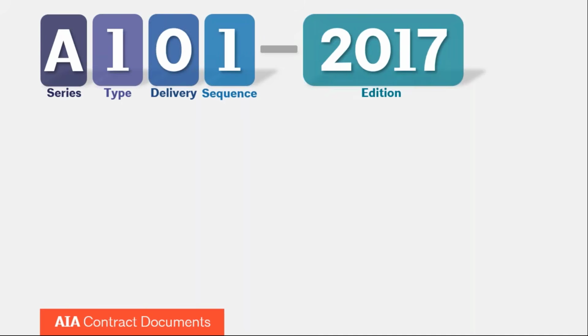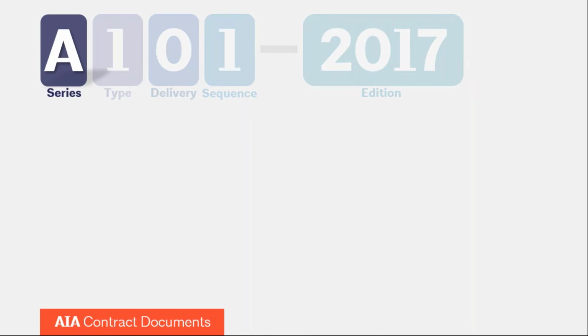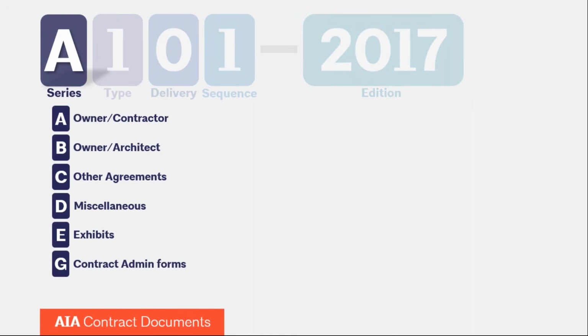So breaking this down here, you have your series. One way that we group our body of documents is by series, and each series is just distinguished by the use or purpose of that group of documents. And that's going to be represented by that first letter there. So all of your documents that start with an A are going to be your A series documents or your owner contractor agreements.